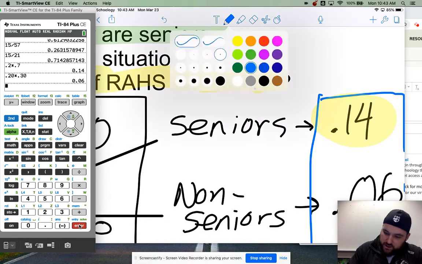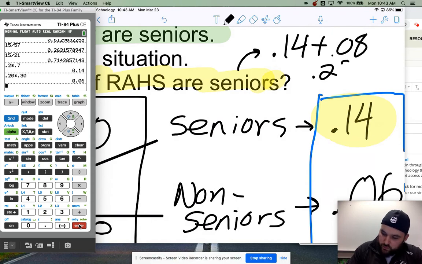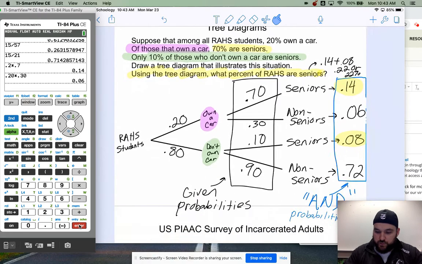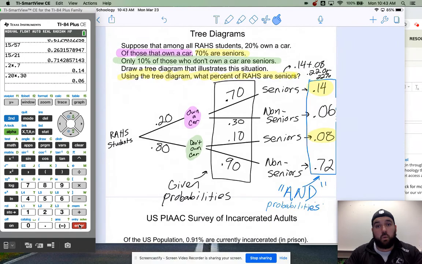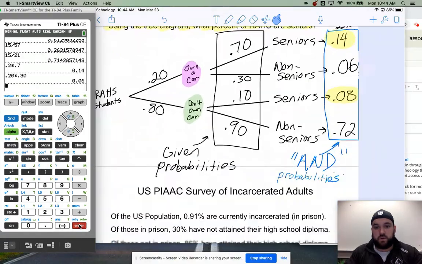Okay, and so that is 0.14 plus 0.08, which is 0.22 or 22%. So 22% of the students at RAS are seniors, which makes sense because it should be pretty close to 25 because we've got 4 different grade levels at the school. So lots of stuff going on. Okay, we're going to look at one more tree diagram example, and then we'll wrap this one up.